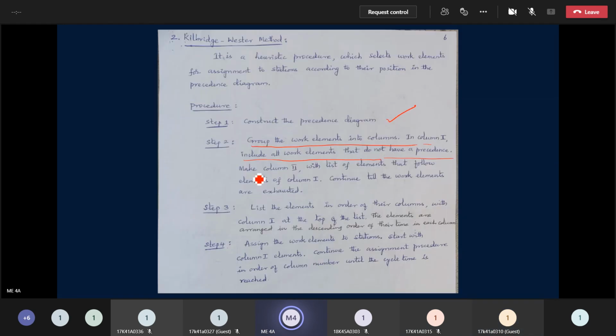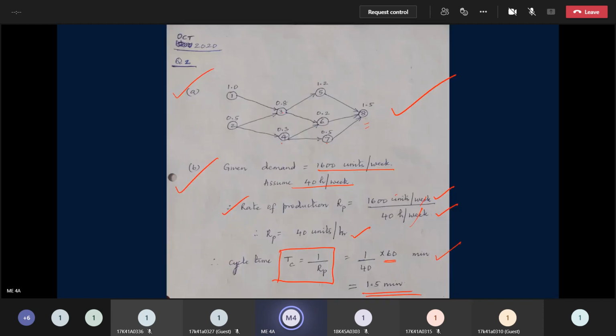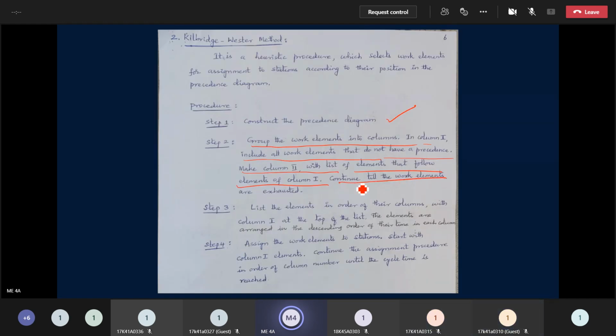Next, make column 2 with the list of elements that follow the elements of column 1. That means 3 and 4, which follow 1 and 2. Continue like that for all the elements until they are exhausted. So you have to make them into columns.